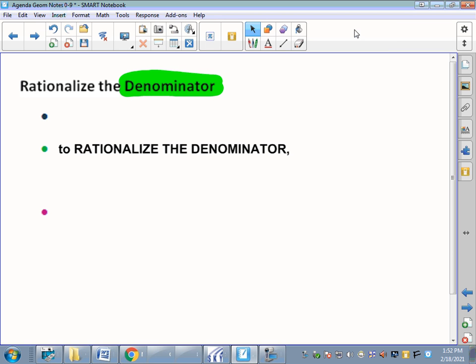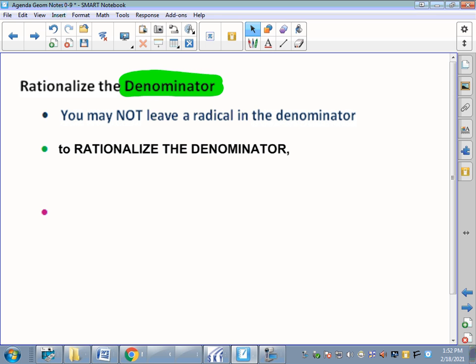That's a problem. We don't care what the numerator is doing, the denominator is not allowed to have a radical. So when you write down a final answer, you can't have a radical or a square root in your denominator, against the rules. So we have to rationalize the denominator.